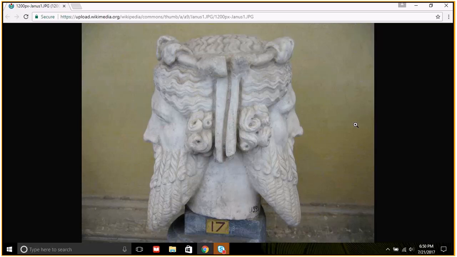Notice that Othello is good at playing the crowd. Othello is able to do something that I encourage my students in composition to do. He analyzes his audience and he appeals to his audience's value system. He says, "Most potent, grave, and reverend signors, my very noble and approved good masters."